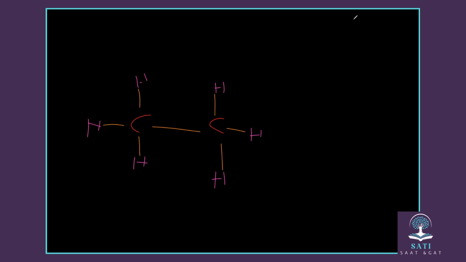What will happen now if I break these bonds and take 2 hydrogens out, and I put these 2 bonds here as a double bond? They become a double bond here.